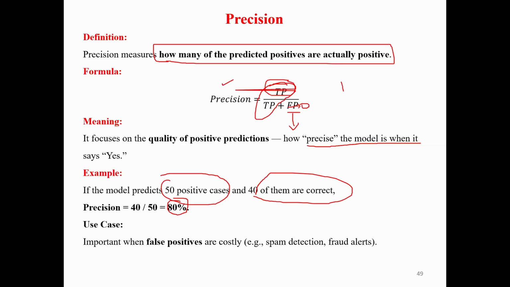Suppose TP is constant; then we can say precision is proportional to 1 by false positive. So if false positive increases, precision decreases. If false positive decreases, your precision increases. So remember, try to avoid false positives in any mathematical model or machine learning model.